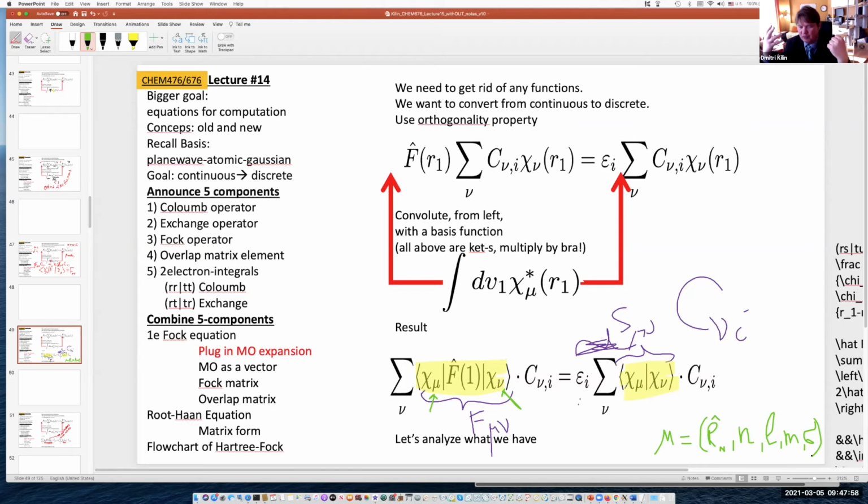And then we have about 100 values of mu index, 100 values for nu index, and then it is a matrix 100 by 100. So this F mu nu is a matrix, right? And this S mu nu is also a matrix.